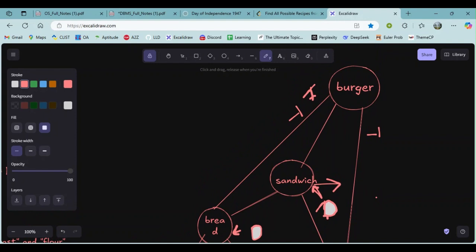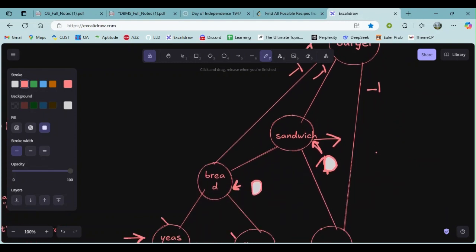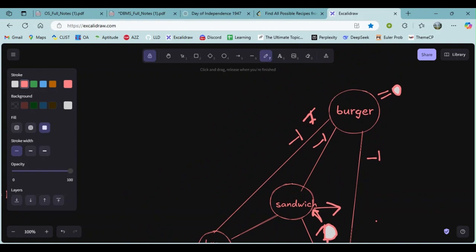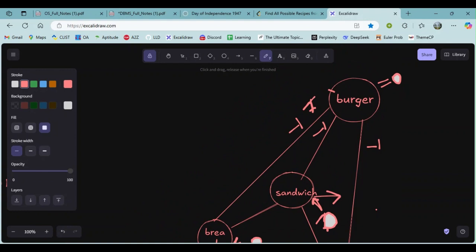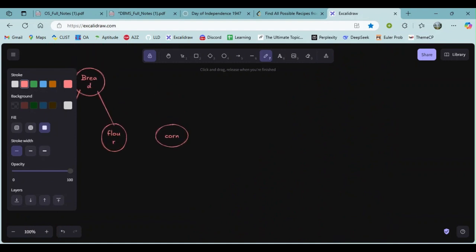After reducing, the burger degree will be 0, and we push it into my queue. After pushing, I know that I visited bread, sandwich and burger. So we will put all these recipes in my answer vector, and just return it.